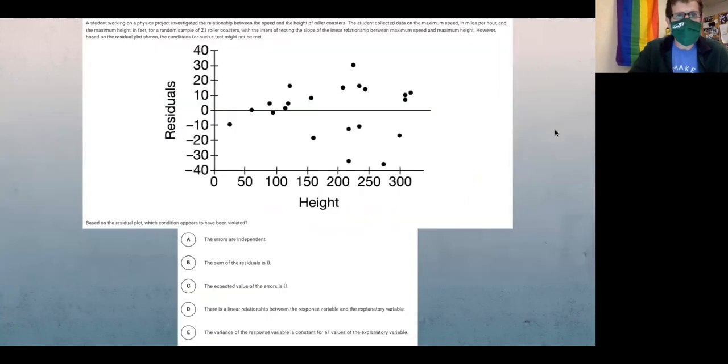All right. And let's look at this to determine which condition appears to have been violated as far as doing any kind of inference tests for this data set.